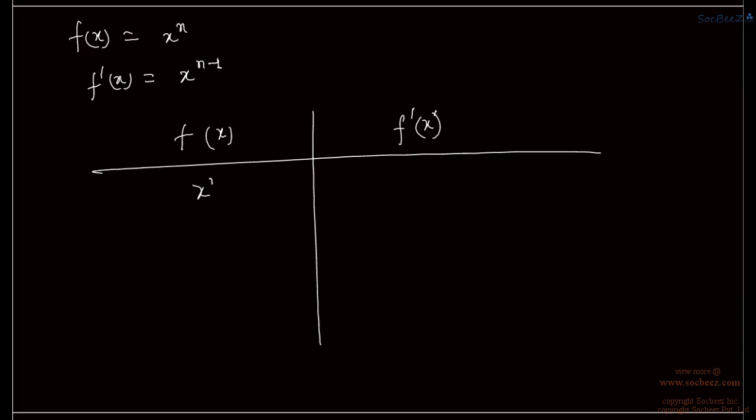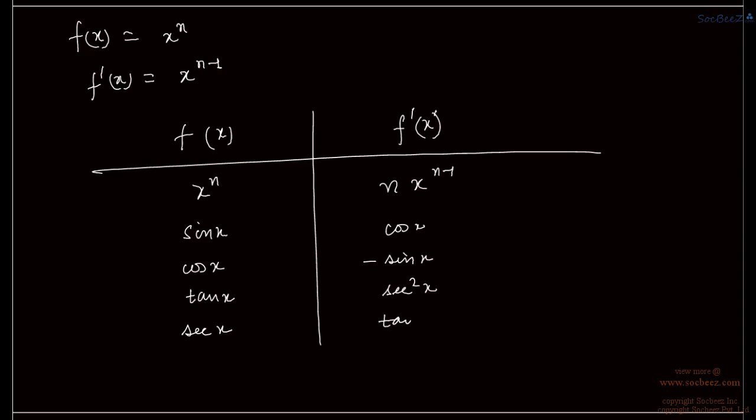So for x to the power n, n x to the power n minus 1. For sin x, the derivative is cos x. For cos x it is minus sin x. For tan x it is sec square x. For sec x it is tan x sec x.